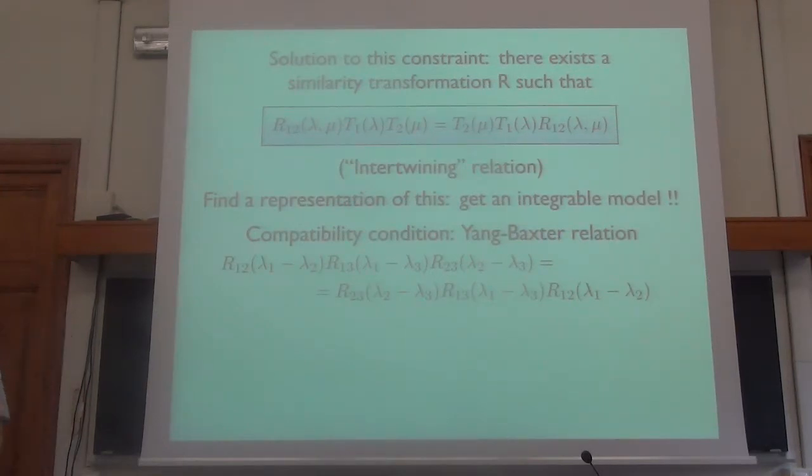So you say, okay, I will look at an auxiliary space that is 2-dimensional. Then R, living in the tensor product of these 2 spaces, is a 4x4 matrix. So you go out looking for solutions to this equation in terms of 4x4 matrices, and then you find simple realizations.